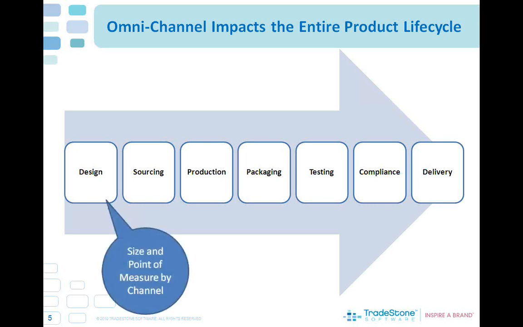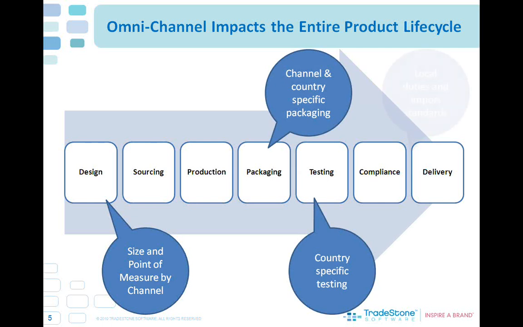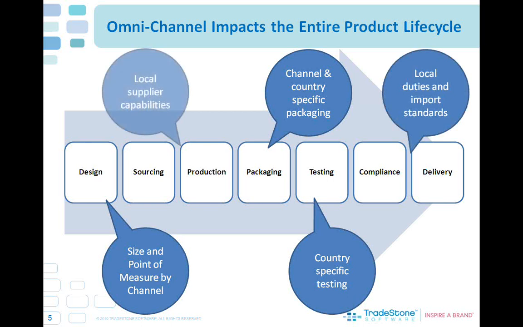There should be assuring varying sizes are established up front, assuring packaging needs are understood and communicated to vendors, assuring specific testing requirements are communicated to vendors, factoring local duties into lead time and costing, and finally being able to dynamically source as required based on demand by channel.